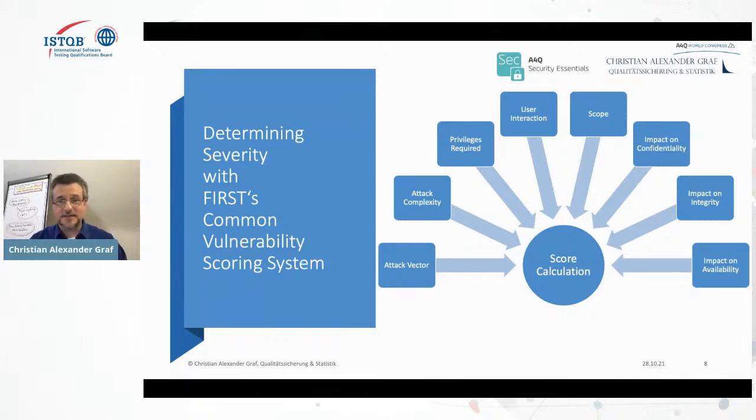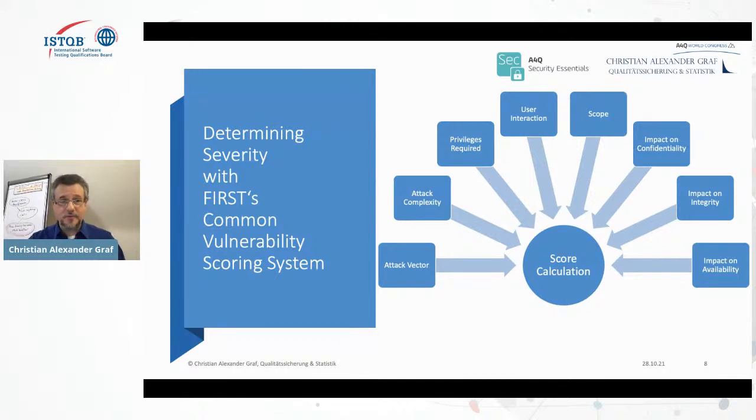So is there an impact on confidentiality? Is confidentiality, for example, not affected, is low, or is it high? Is integrity affected so that you might change data? Or is the availability affected so that you might use the vulnerability to stage a denial of service attack?